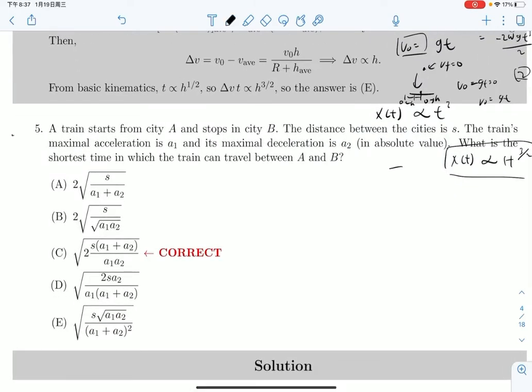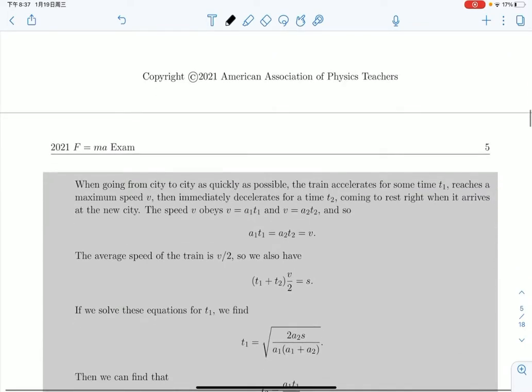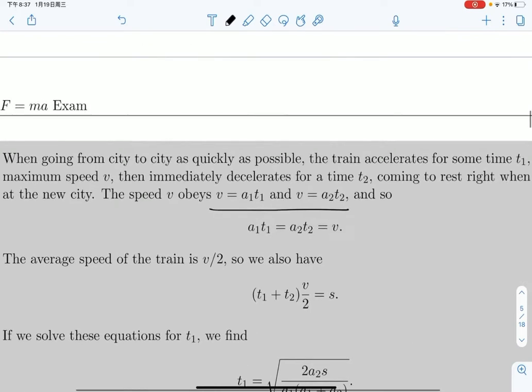This one is also very hard. And I don't think you can rigorously solve this without using multivariable calculus. So the official solution stated that speed is equal to a1 t1 and is also equal to a2 t2.